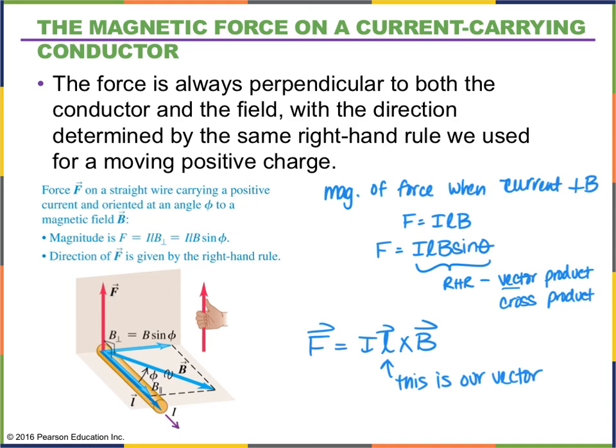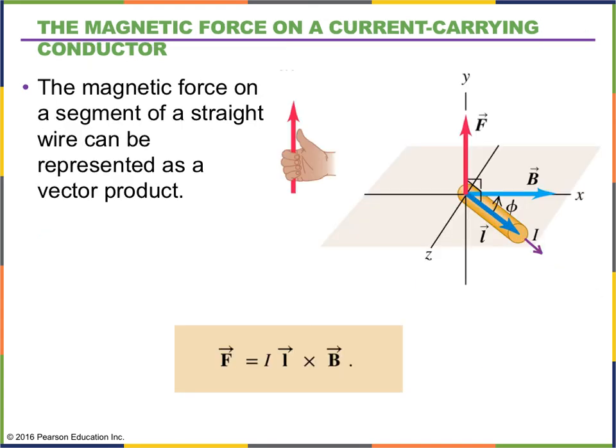So current still has to be a scalar, and so we take the length of the current-carrying wire and make that length the vector, because displacement is a vector, it's a length. The direction of the length is always the same direction as the current flow. So the way we express the force on a current-carrying wire is I L cross B, where L is the length.